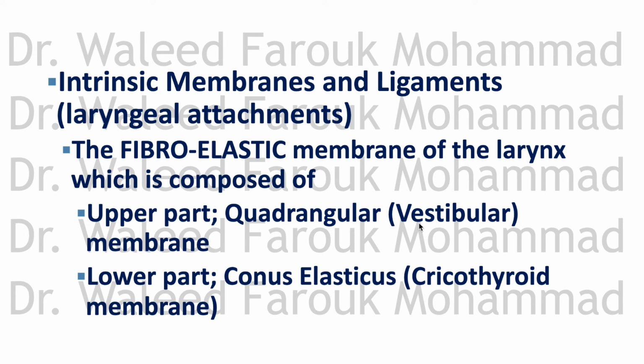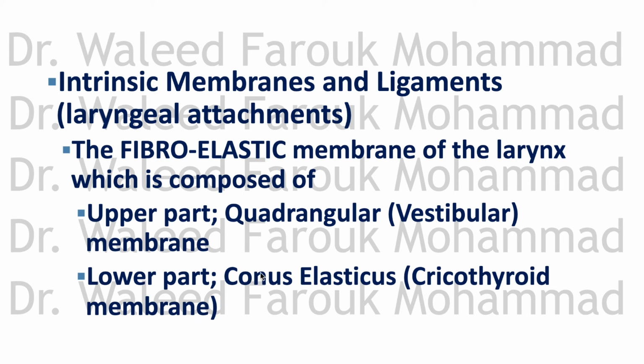There's a very important fibroelastic membrane that's divided into two membranes. The fibroelastic membrane of the larynx is composed of the upper part, it's like the old ship sails, the quadrangular or vestibular membrane, and the lower part is the conus elasticus, the cricothyroid membrane.